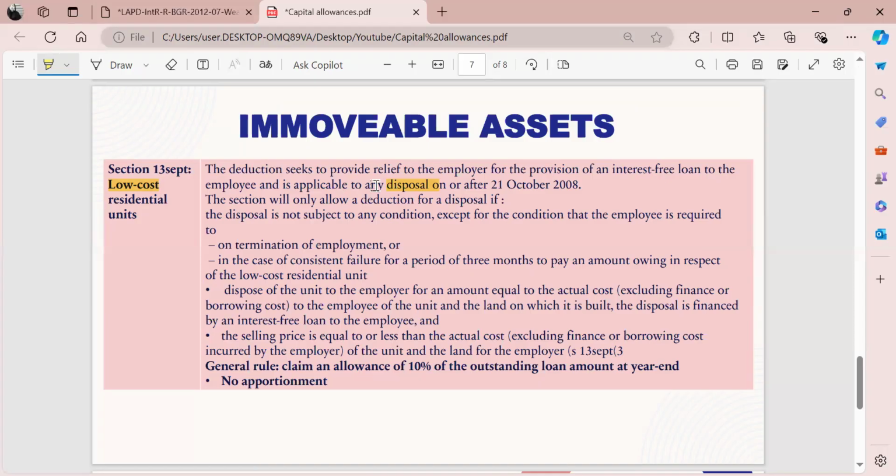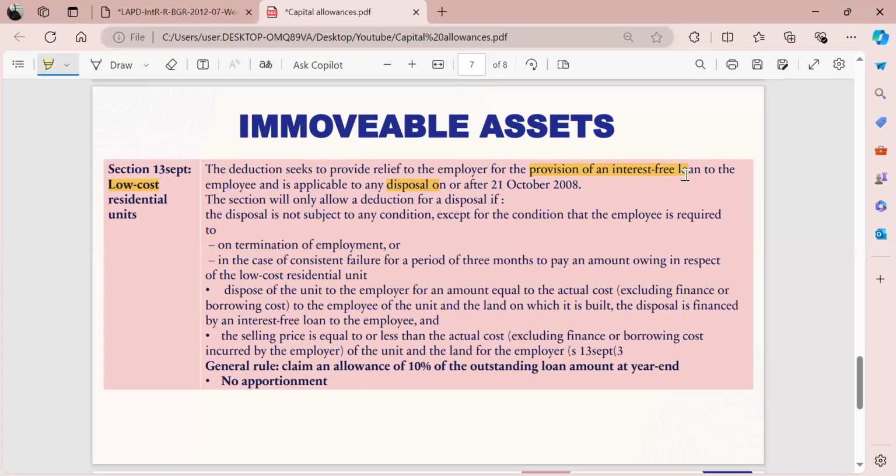So this deduction seeks to provide relief to employers for the provision of an interest-free loan to the employee and is applicable to any disposal on or after 21 October 2008. So what employers do is they grant interest-free loans to their employees to purchase low-cost residential units.